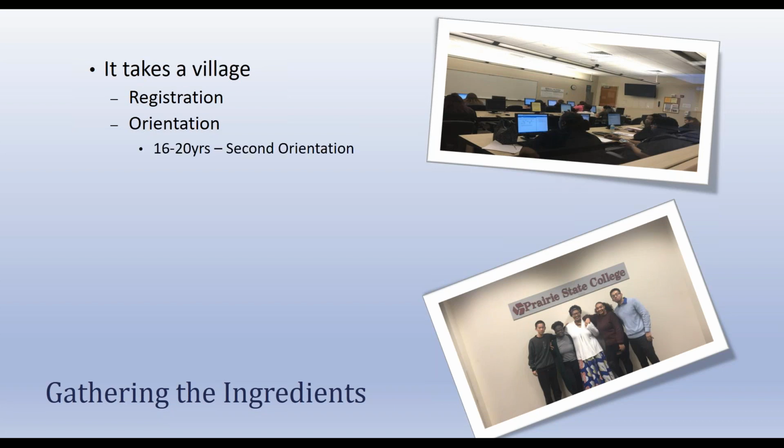A couple years back, we had some issues with our younger students in the classroom. Some of them lacked the soft skills, and some of them didn't have the classroom etiquette. With them being in classrooms with older adults, it was very distracting. So we decided to create a second orientation for those individuals ages 16 to 20, and in those we did workshops for them.